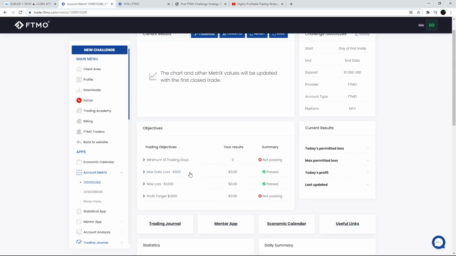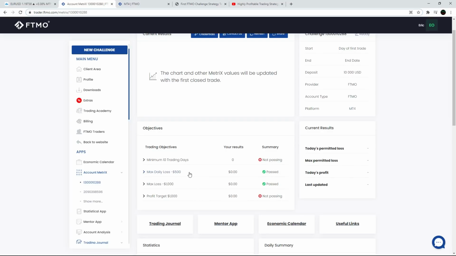So per trade, realistically, we don't want to be risking a full 1% per trade. We probably want to be closer to 0.5% per trade if we're trading multiple pairs, just to be safe, as we don't want to fail this challenge because of poor risk management. It's better to be safe than sorry. So I'm going to be risking 0.5% per trade on this challenge.